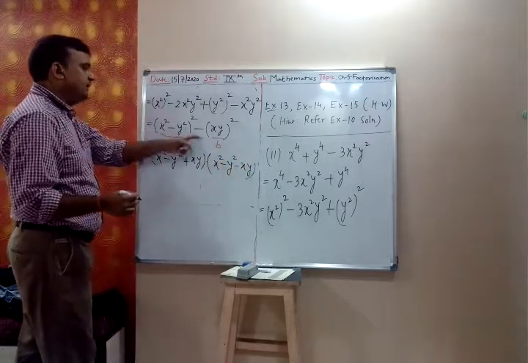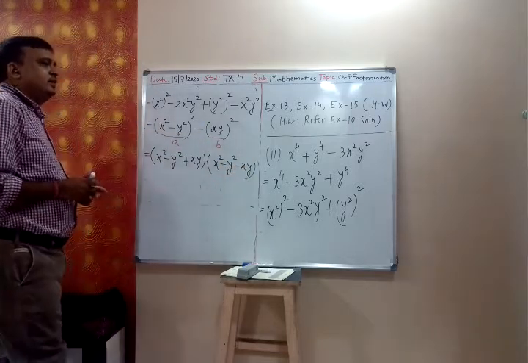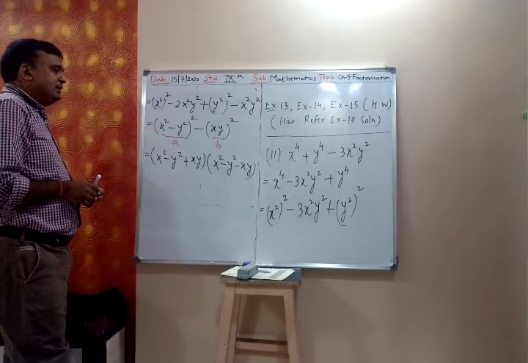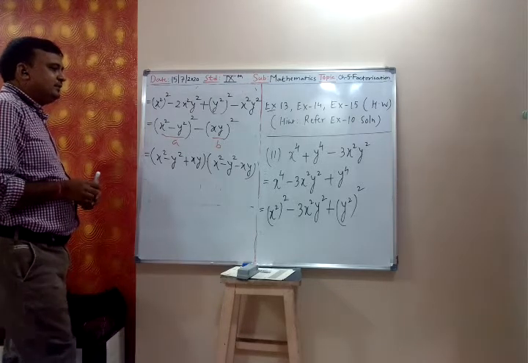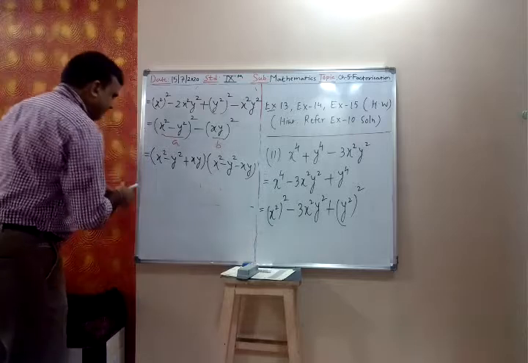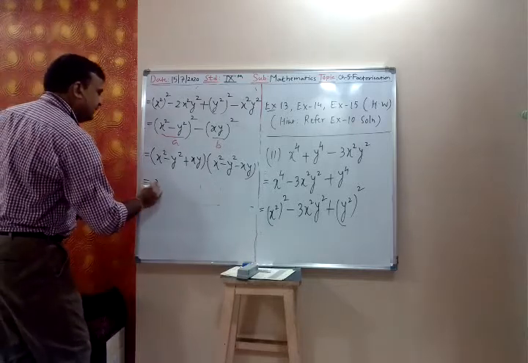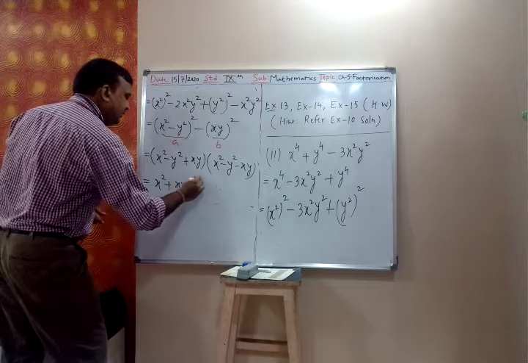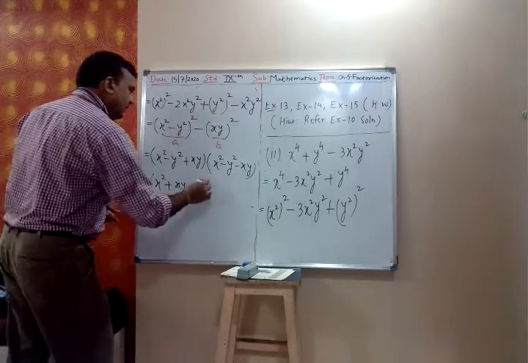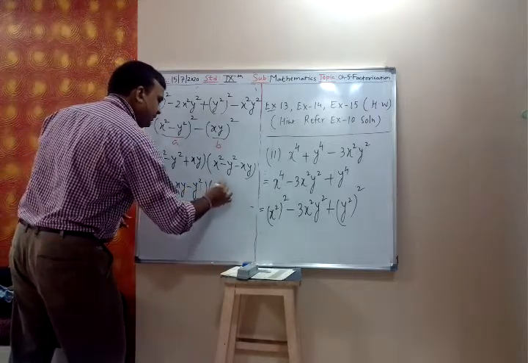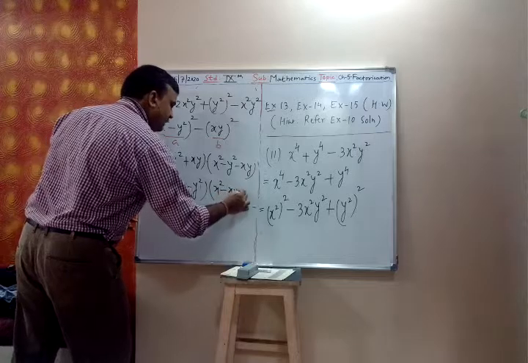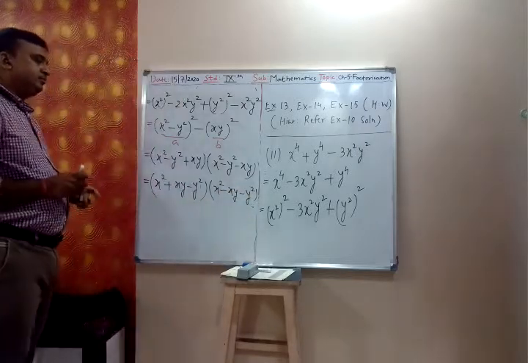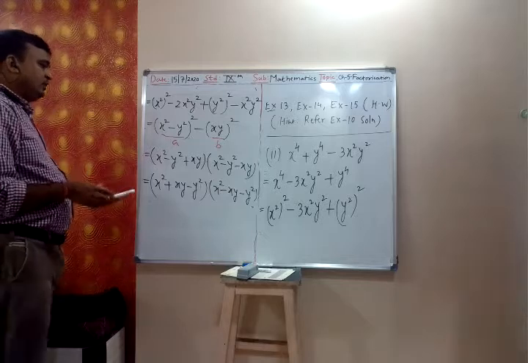A square minus b square is a plus b into a minus b. So again we get quadratic expressions, x square plus xy minus y square, and x square minus xy minus y square. Now these are quadratics.